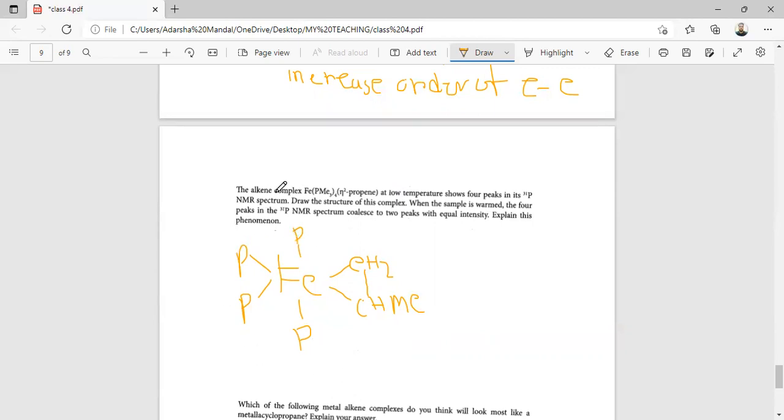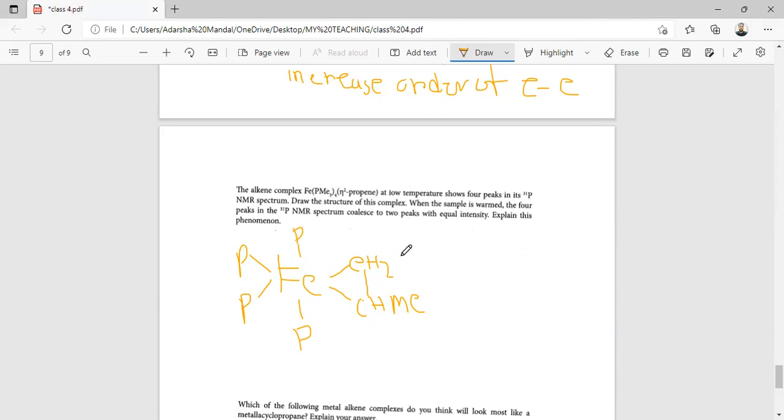So at low temperature there are a total of 4 peaks, corresponding to 4 different types of phosphine ligand. But on heating, the alkene starts rotating around the metal-alkene axis, and the 4 phosphines now appear to the alkene as two sets, equatorial and axial.